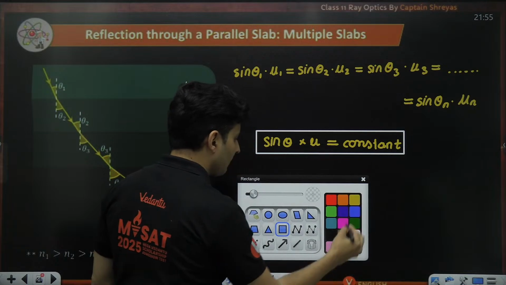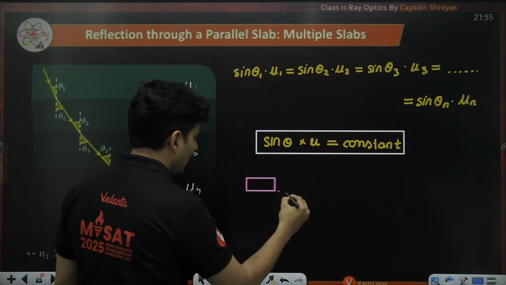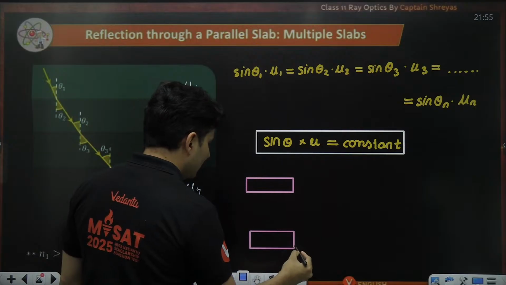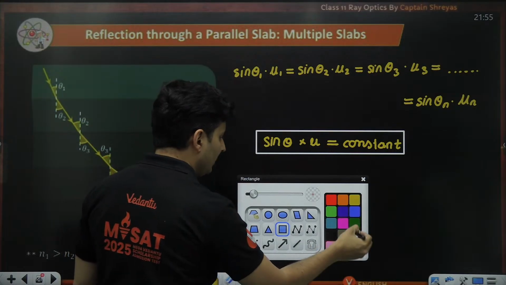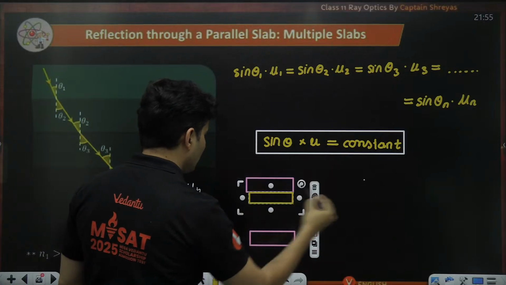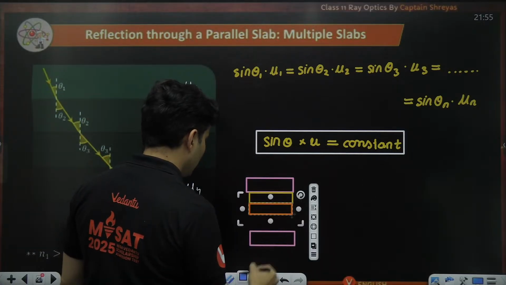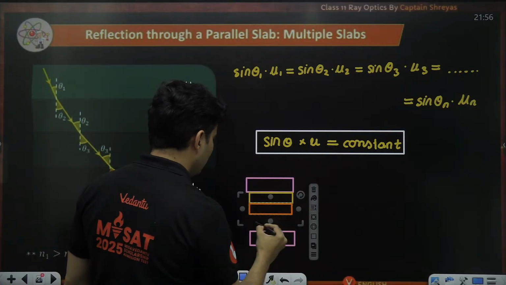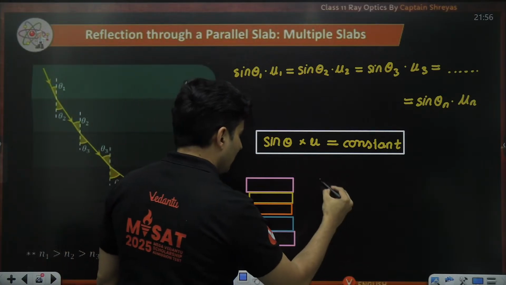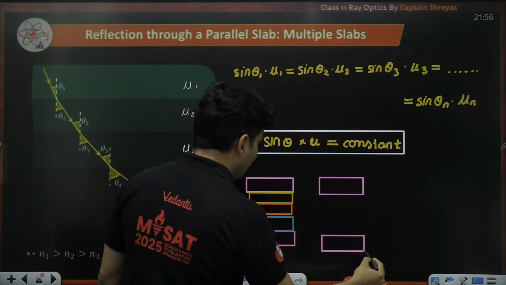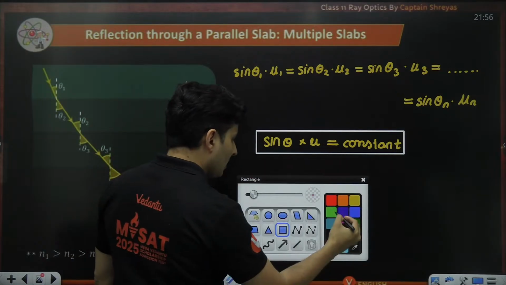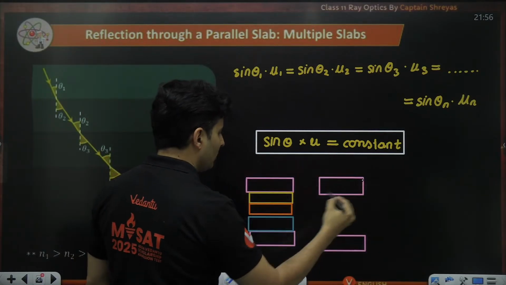Just imagine this. Giving you an example. There was a medium here, and the same medium is here. In between of that, there are different mediums. One is this, one is this, maybe another is this. Then the same two mediums are there again, and again you have some other types of mediums.